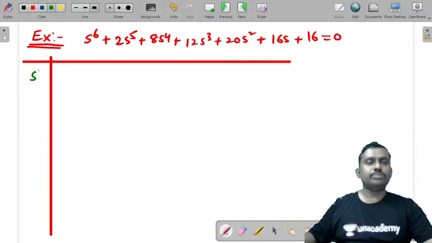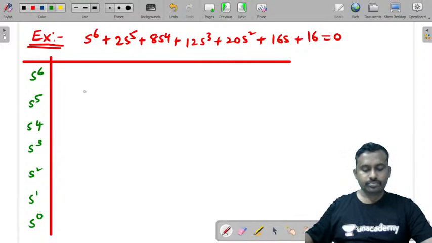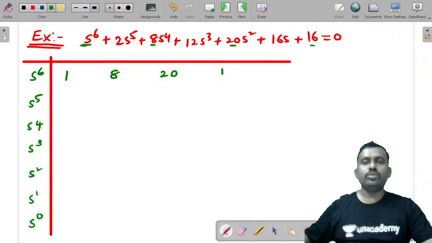It's an even power, so s^6, s^5, s^4, s^3, s^2, s^1 and s^0. Now s^6 is the even polynomial, so you have a 1 here, and for s^4 you have an 8, for s^2 you have a 20, and for s^0 you have 16. So we have to fill the first two rows. The s^5 coefficient is 2, the s^3 coefficient is 12, the s^1 coefficient is 16, and this is a 0.